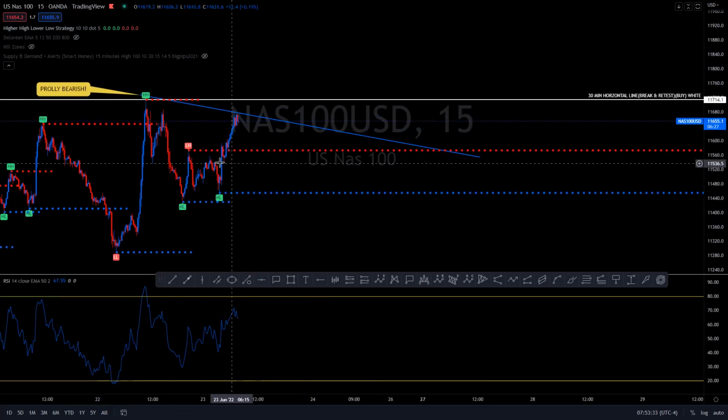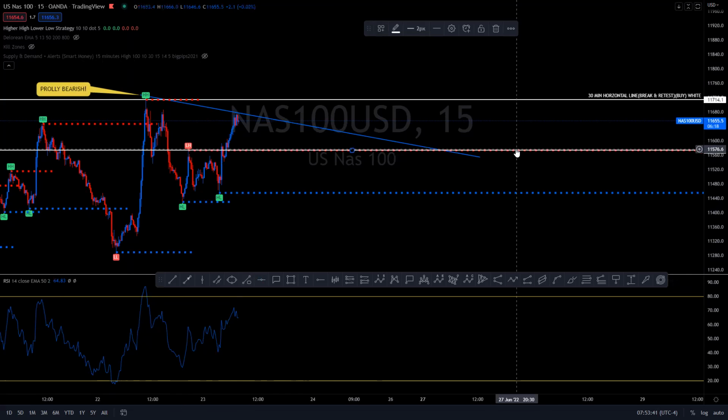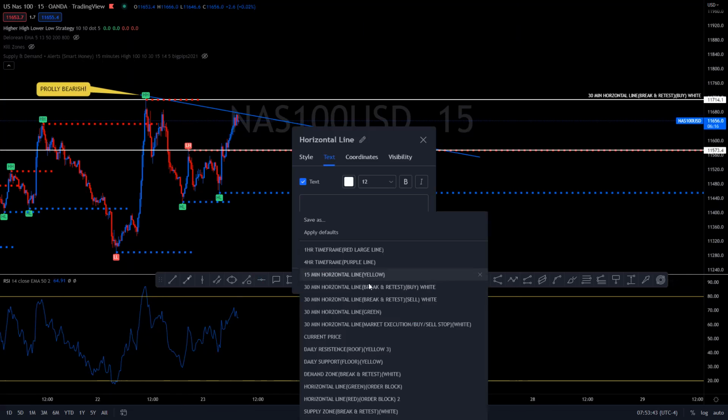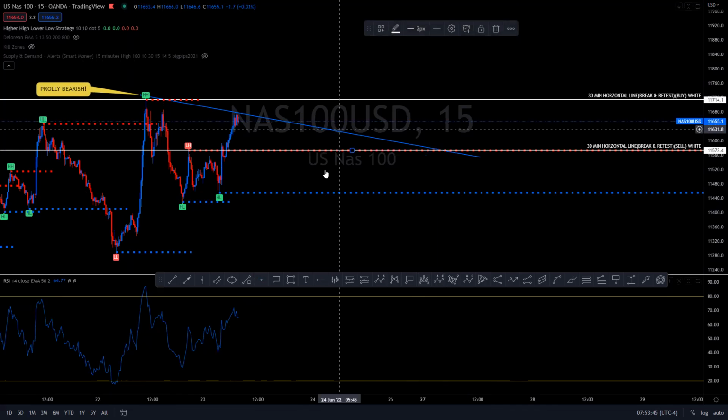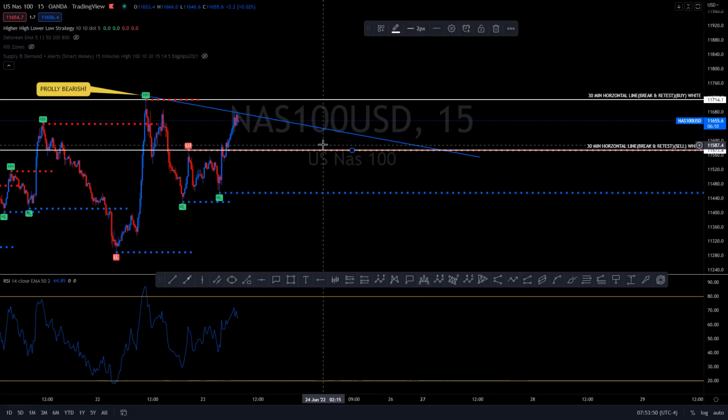Then let's see, this is probably the most recent low here. If price breaks past this, then that confirms we're bearish. So then I'm going to turn this off.